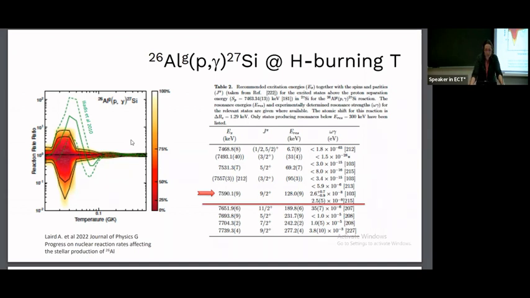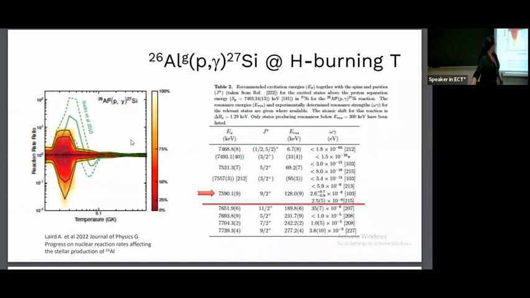Let me say at least 2. So this one, maybe this, obviously that, has to be measured with high precision if we want to have a reaction rate precise enough to solve the problem of who produced the aluminum-26 of oxide group 2 oxide grains.